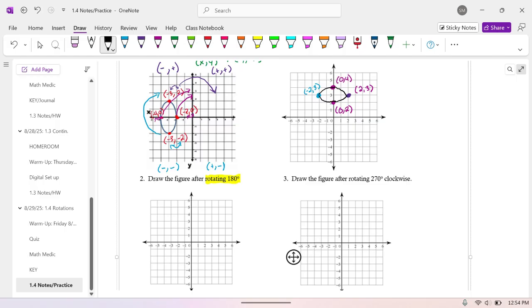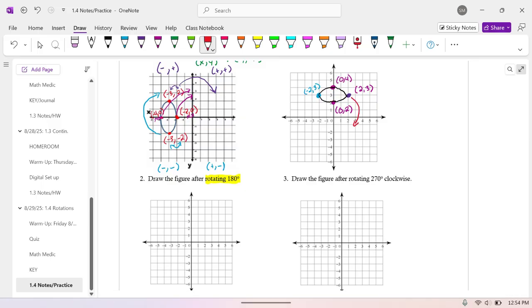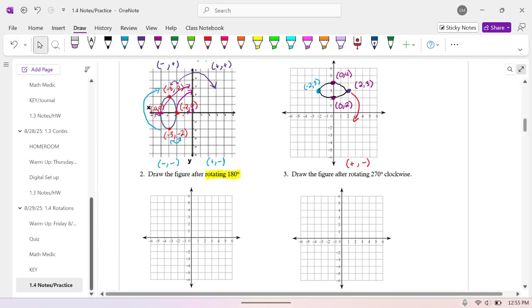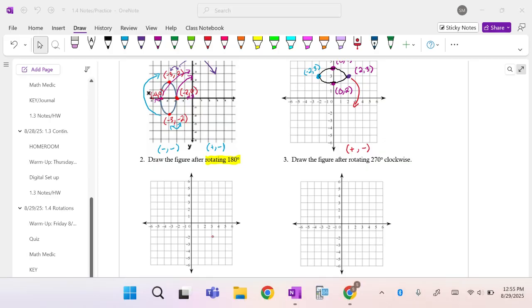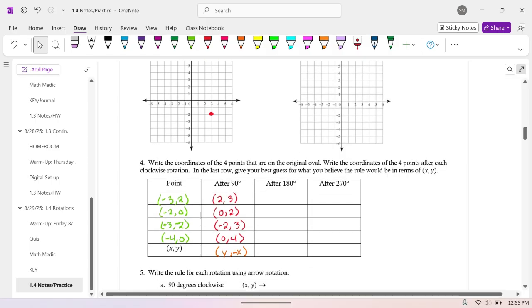So for example, the point 2, 3 is in quadrant 1, meaning if we're going clockwise another 90 degrees, which would give us 180, this would go into quadrant 4, meaning that once we flip our X and Y, we need a positive X value and a negative Y value. So if it's the point 2, 3, this now becomes the point 3, -2, which I'm also going to write down here. So this now becomes 3, -2.